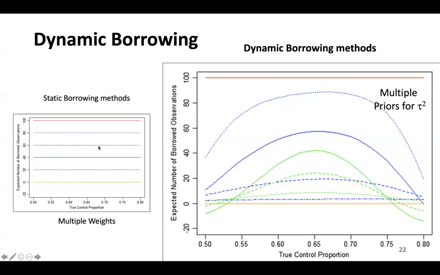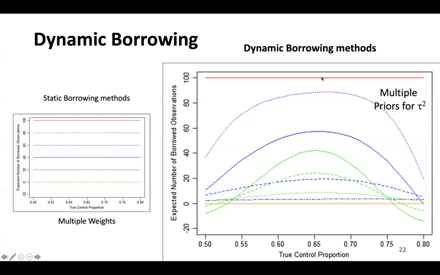And again, it's static. A power prior represents static borrowing in this setting. If we were to use 40% weight, we use 40% regardless of the future data. Hence the term static. Over here to the right is dynamic borrowing.